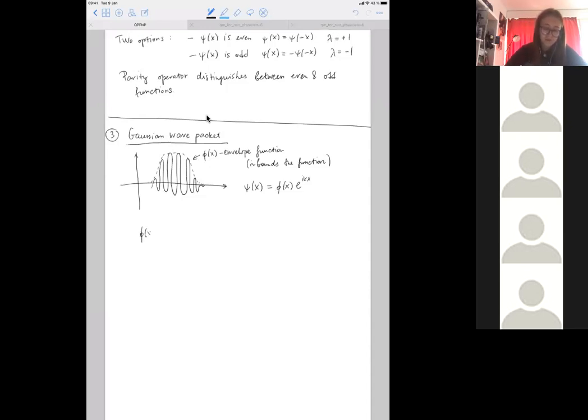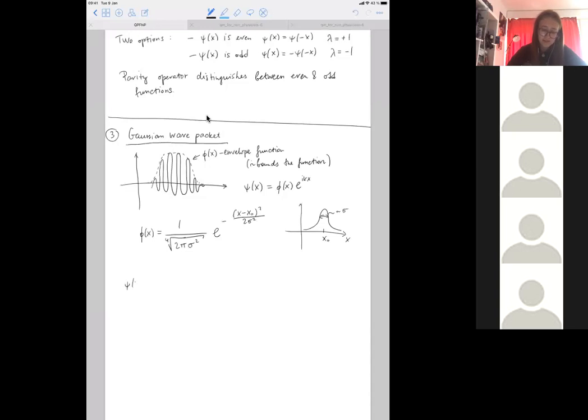So the Gaussian wave packet is the wave packet for which the envelope function is as follows. It is a Gaussian. Here we're looking at the Gaussian, which is peaked around the point x0 and has a width proportional to sigma.